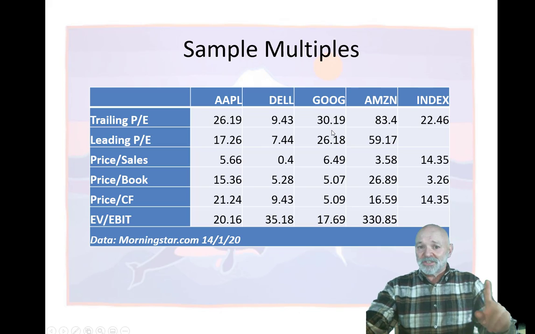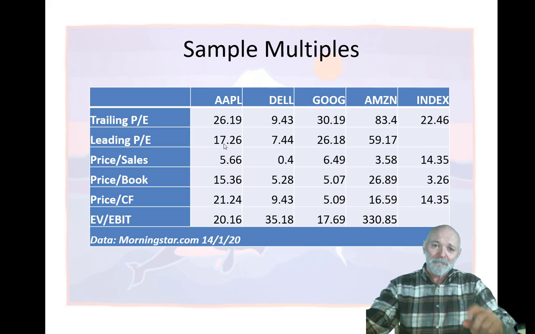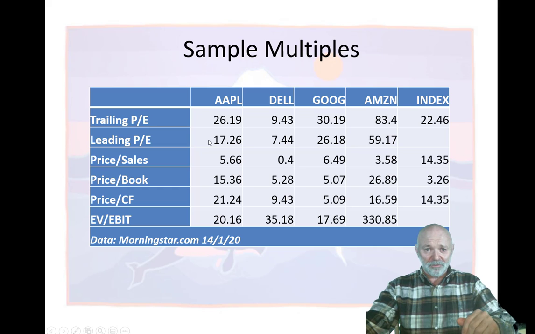Now, you'll see that if I use the leading price earnings multiple, using the forecast earnings per share and today's share price, I've got a much lower price earnings multiple for Apple. And that's because the analysts believe that the earnings per share are going to rise. That's why they have a lower price earnings multiple. So growth, high growth, actually deflates the price earnings multiple.